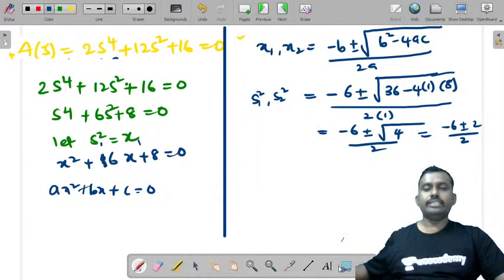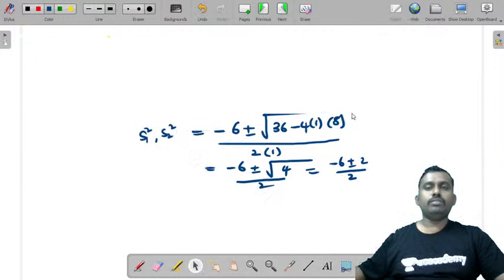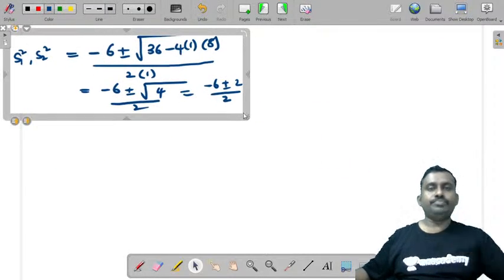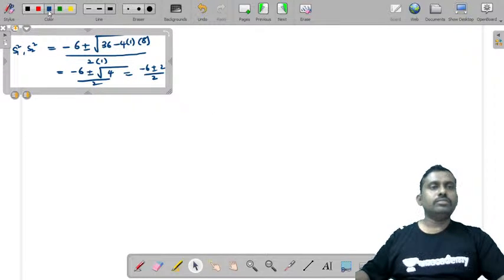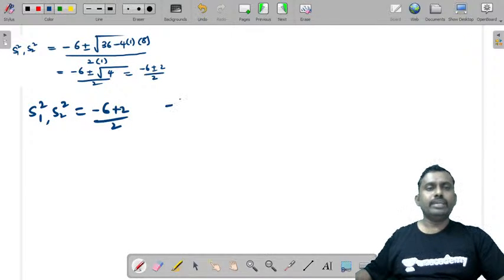I'll take this to the next slide once again. Now you can write this as s1 square, s2 square is equal to minus 6 plus 2 by 2, minus 6 minus 2 by 2.